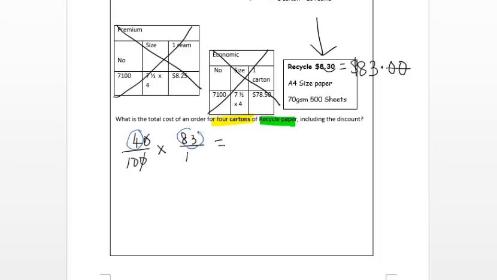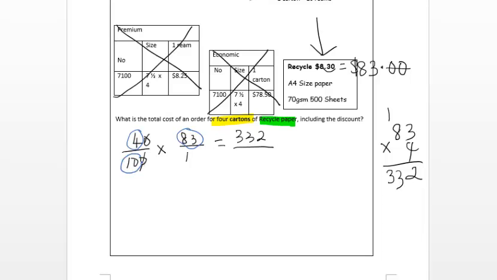So next step, I will need to circle the 4 and the 83. So 4 times 83, I will do my multiplication by the side, 83 times 4. 4 times 3 will give me 12, carry the 1, 8 times 4 is 32, 32 plus 1 is 33. So 332 over, oops, okay, slow down.